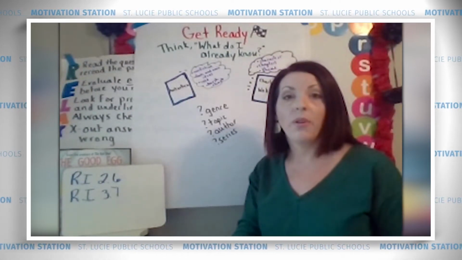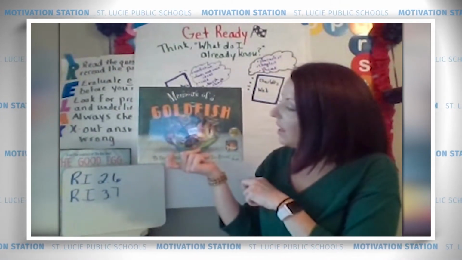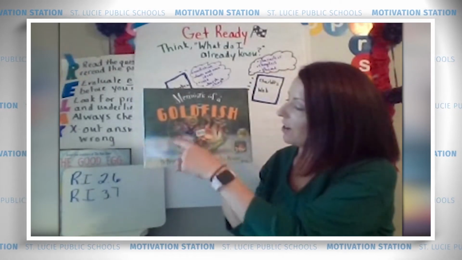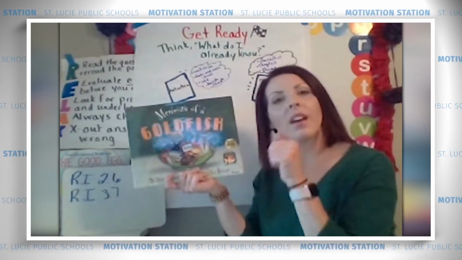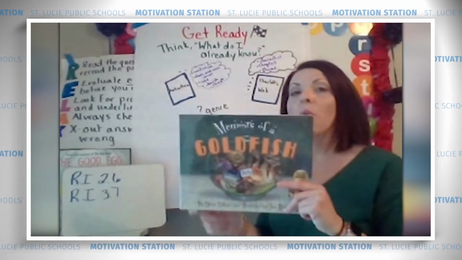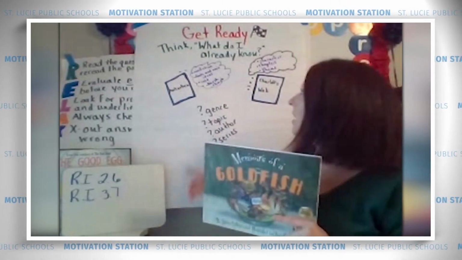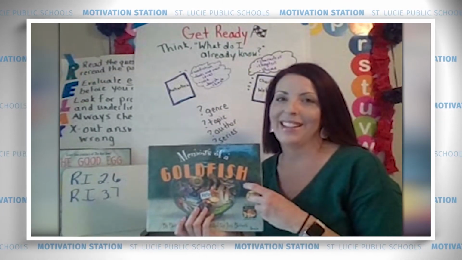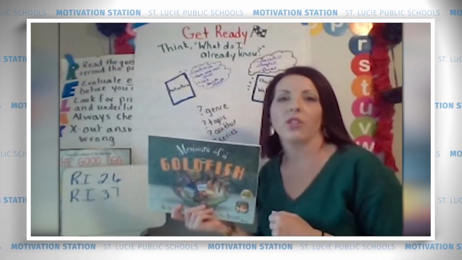For example, I can see the title Memoirs of a Goldfish, and there's a picture of a goldfish with a sign that says help. I know based off just the cover that this is going to be a literature text.